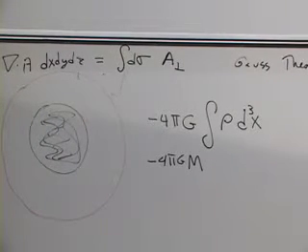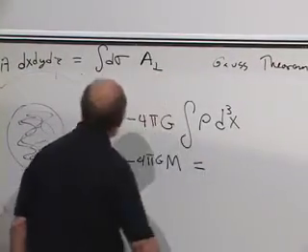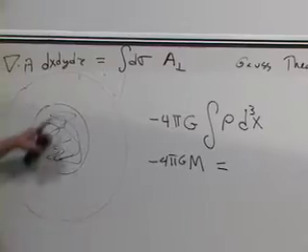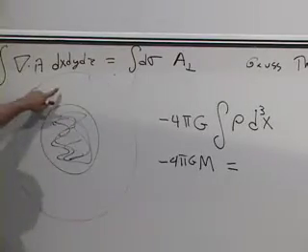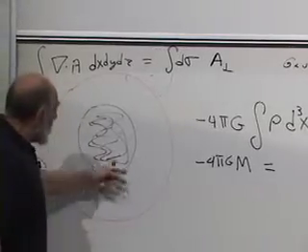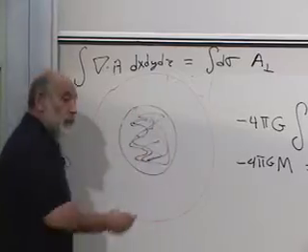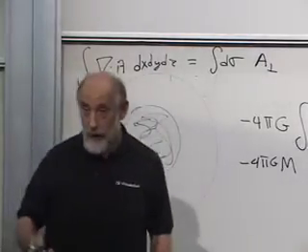What about the right-hand side of the equation? The right-hand side says, take the perpendicular component of the gravitational field. Now, if the mass distribution is isotropic, the gravitational field will also be isotropic.